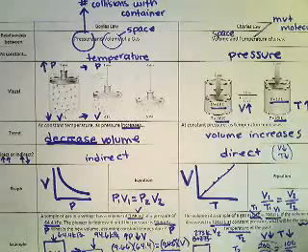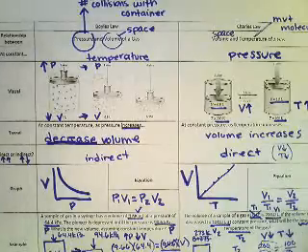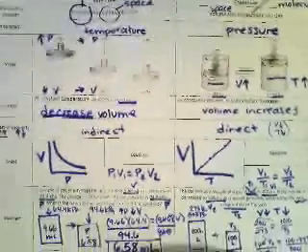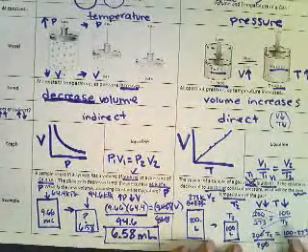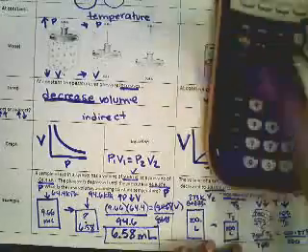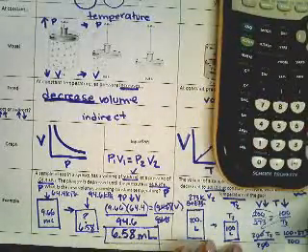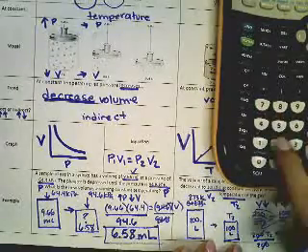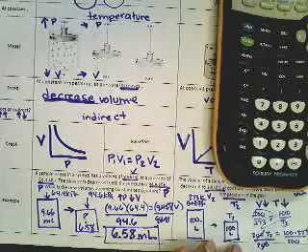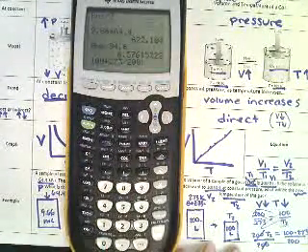And I'll divide both sides by 200 in order to cancel out my 200 on my original side of the equation. So when I type this in, I will have 100 times 273 divided by 200. Enter.